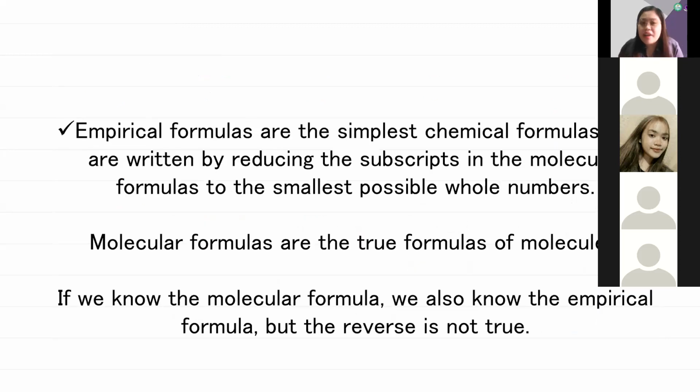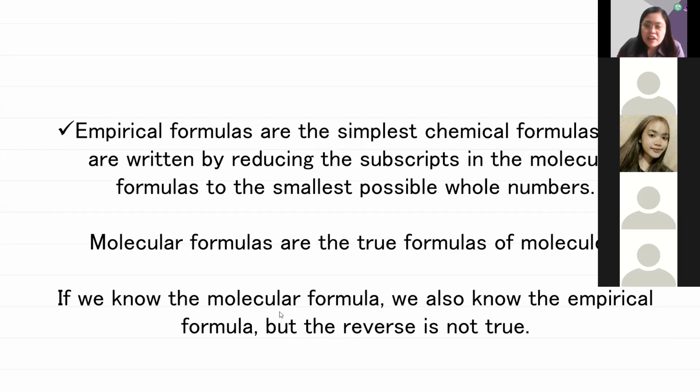So again, empirical formulas are our simplest chemical formula. Nire-reduce natin yung subscript, hinahanapan natin ng common factor. And ang ating true formula, ang ating molecular formula, because it will show us the correct and the exact number of atoms.